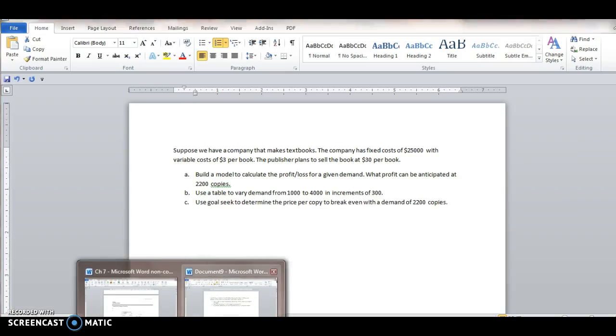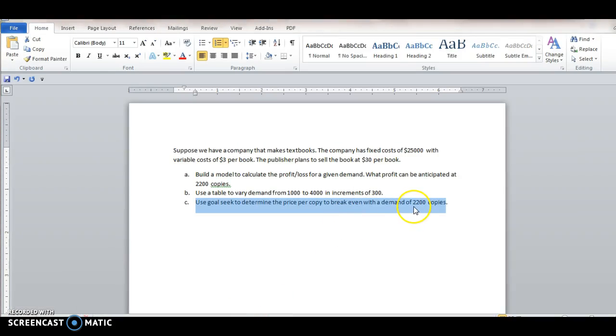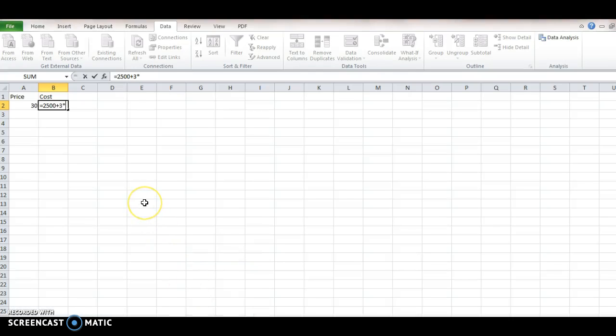In the specific example for the break even, we're at 2,200 copies. So let's go back and multiply by 2,200, that's the cost. What was the revenue stream? The revenue stream is going to be the 2,200 copies now times the price we're charging per book.